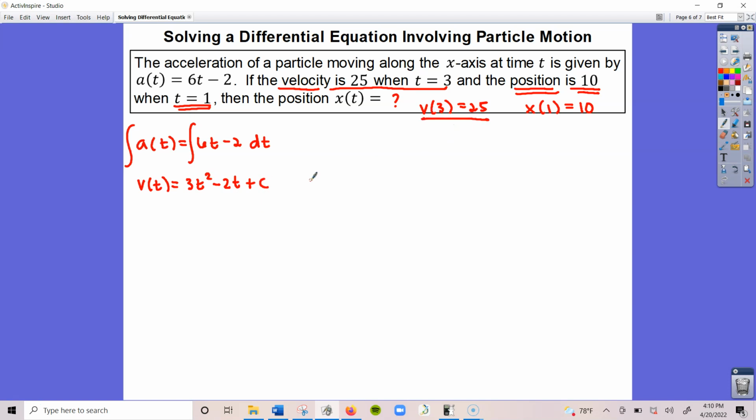Now v of 3 is equal to 25. I'm going to use that to solve for c. This is my general solution, so I'm going to plug it in.